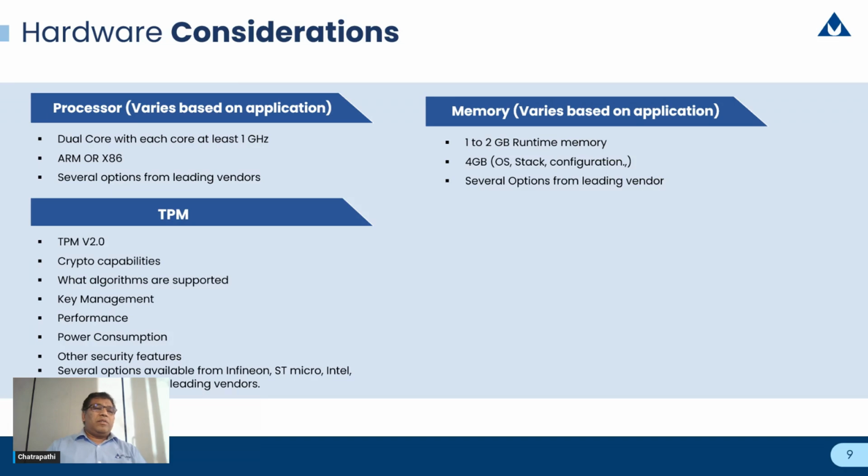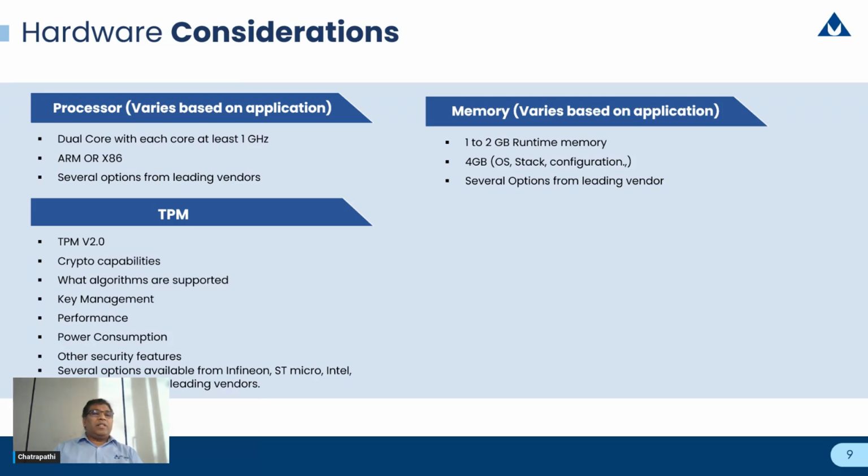And the TPM. So this is the trusted platform module, and many features of this TPM can be leveraged by OPC UA FX implementations when you integrate it correctly, and when you pick a TPM with suitable features implemented in it.